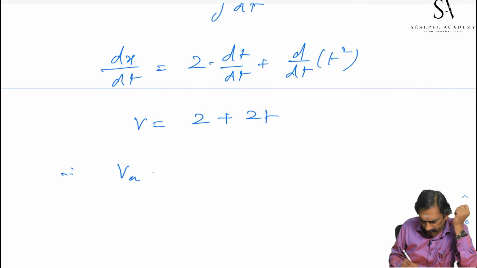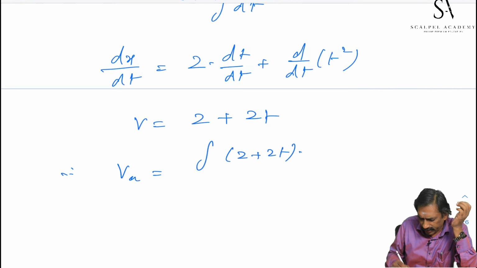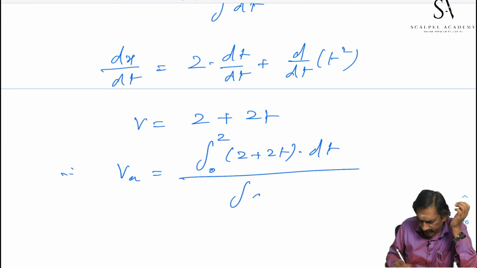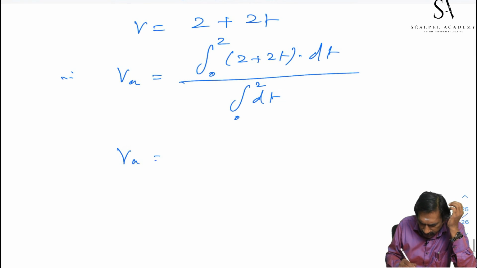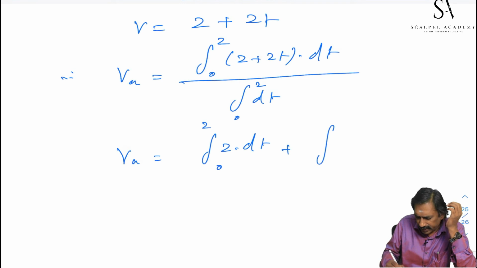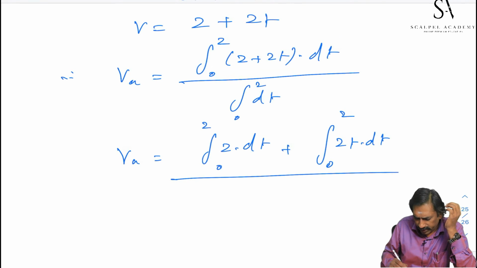Therefore, average velocity is equal to integral of (2 plus 2t) dt from 0 to 2, divided by integral dt from 0 to 2. So, average velocity is equal to integral 2 dt from 0 to 2 plus integral 2t dt from 0 to 2, whole divided by integral dt, which is t from 0 to 2.